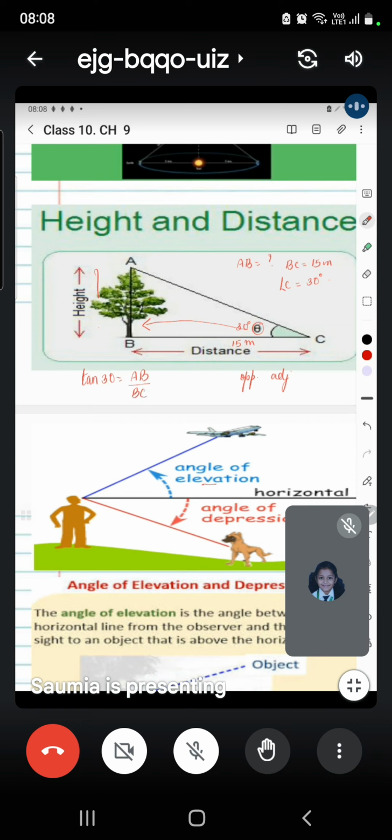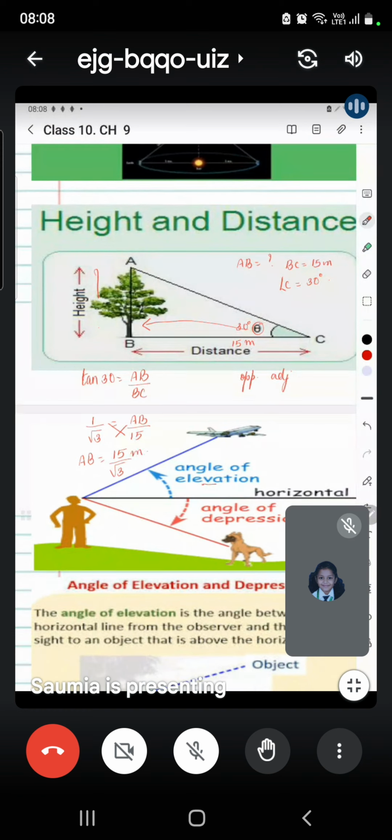Now what is tan 30? 1 by root 3. So 1 by root 3 equals AB upon BC. AB is unknown to me, BC is 15. So cross multiply, AB is equal to 15 upon root 3 meters.